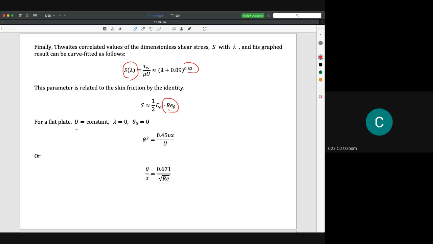If we assume that U is constant, and lambda is equal to 0 and theta is 0, we could find that theta squared is equal to 0.45 nu x over U, and finally we could convert it into this one, which is theta equal to 0.671 over the square root of Reynolds number. So it is almost similar to the Blasius solution.